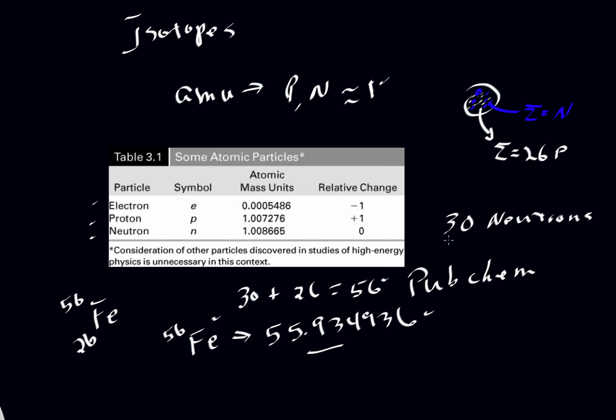And the reason why is very simple. When we start binding protons and neutrons together in the nucleus, we are taking some of that mass and we are converting it to energy. And that energy goes into the so-called binding energy, the nuclear binding energy that holds the nucleus together.